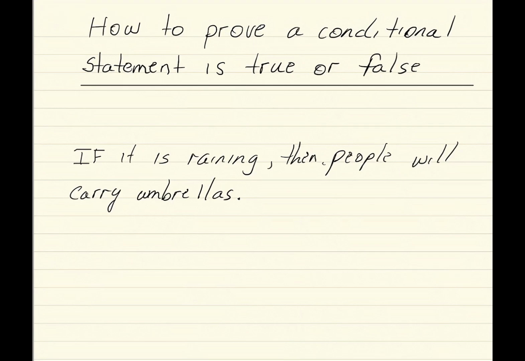So today we're going to learn how to prove a conditional statement is true or false. So remember from what we learned earlier that a conditional statement contains a hypothesis. So I have this example here. This is the hypothesis.